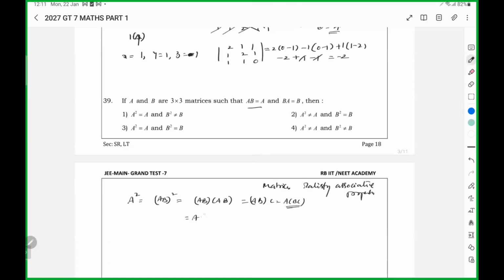That is from this A of B of AB, A of BA of B. So here BA will be BB. It is AB of B. So AB again given as A. So this AB is A. Similarly, you can show B square also B.